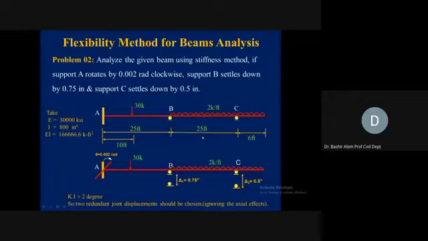So one purpose of solving this problem is how to involve the overhang portion.